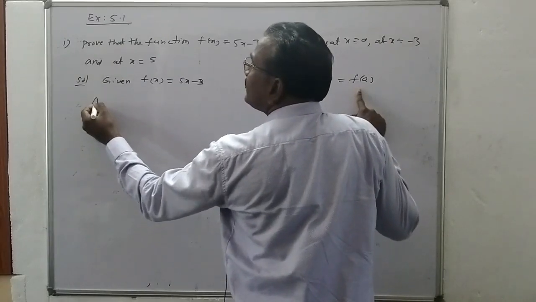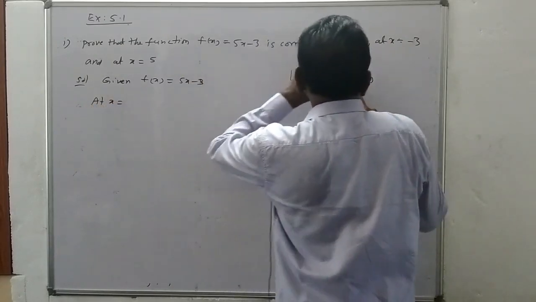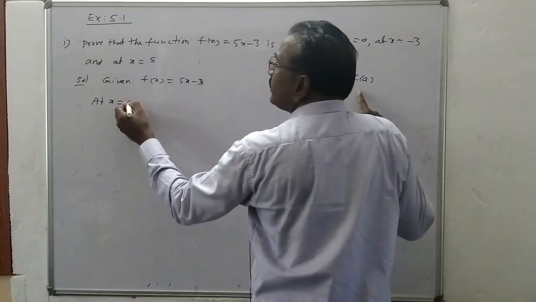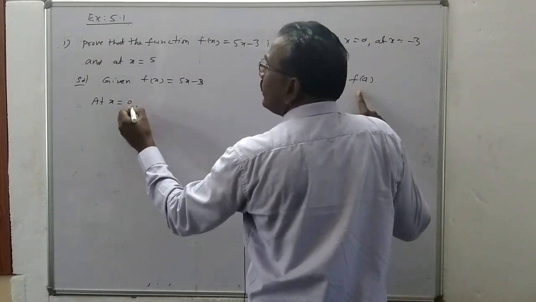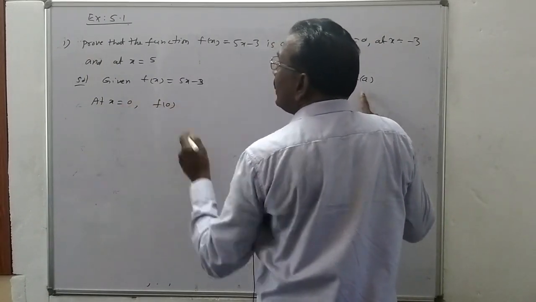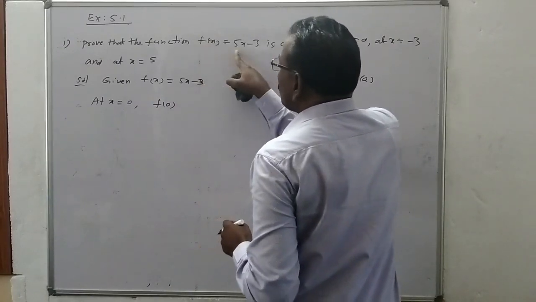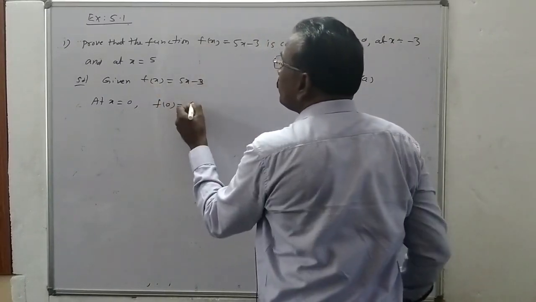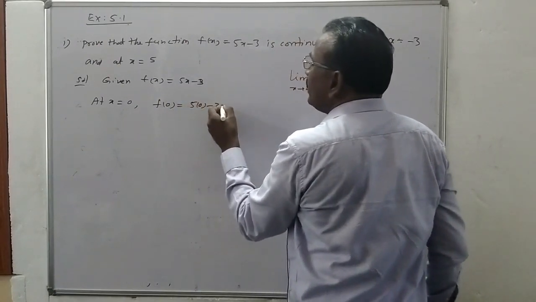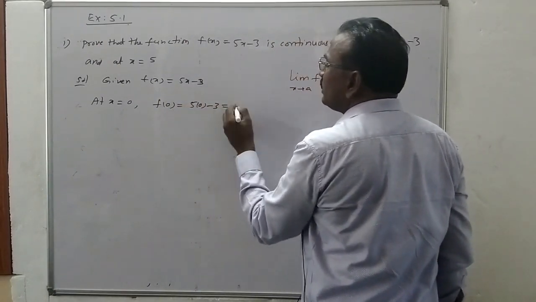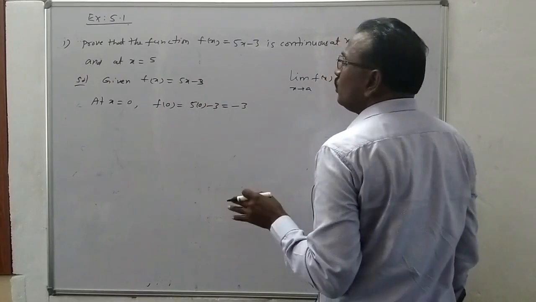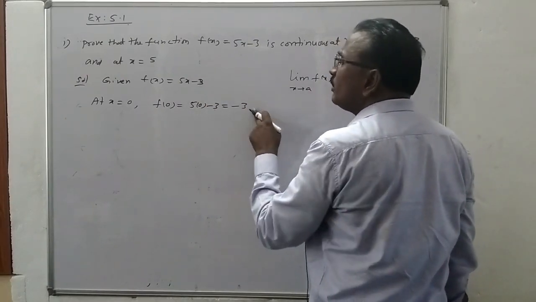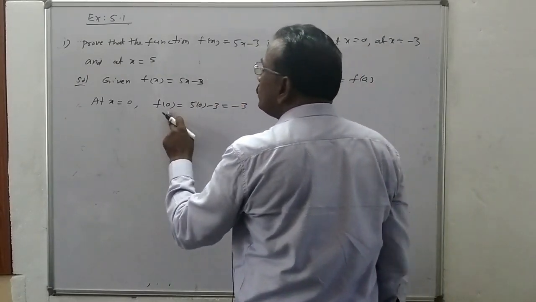At x is equal to 0, what is the f of 0 value? f of x is equal to 5x minus 3, so f of 0 is 5 into 0 minus 3. 5 into 0 is 0, 0 minus 3 is minus 3. f of 0 is minus 3, a real number, so the function is defined at x is equal to 0.